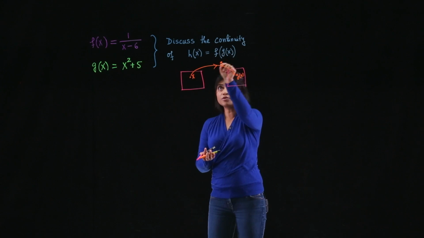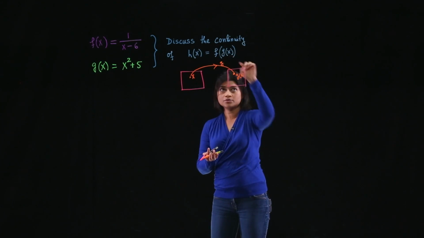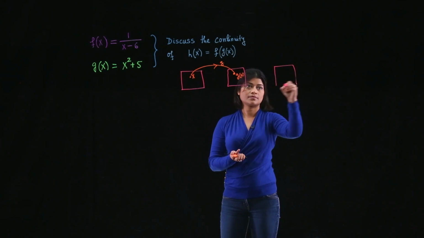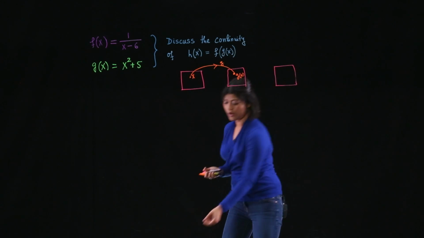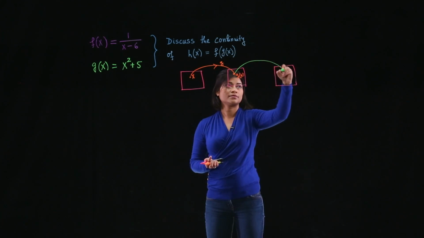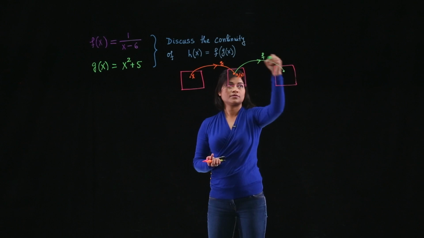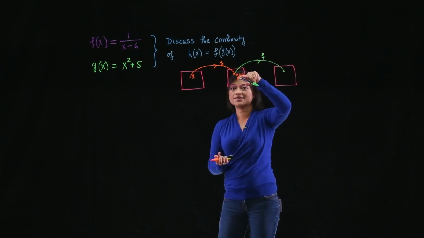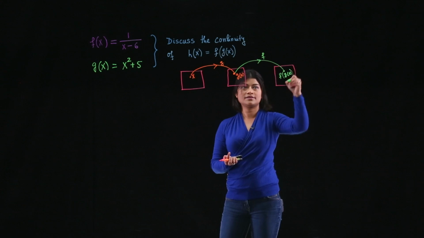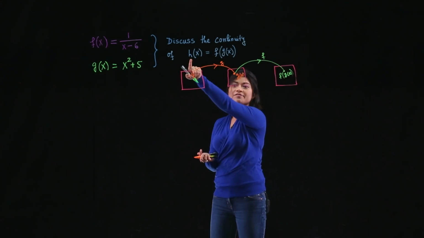Now you have to apply f to this value. So you will have another set here, and you are applying f to this value. Then where will f take this value? To f of g of x. That's exactly h of x.